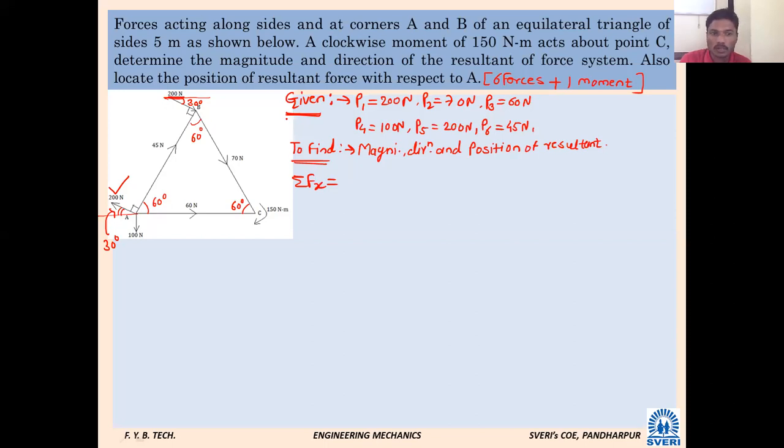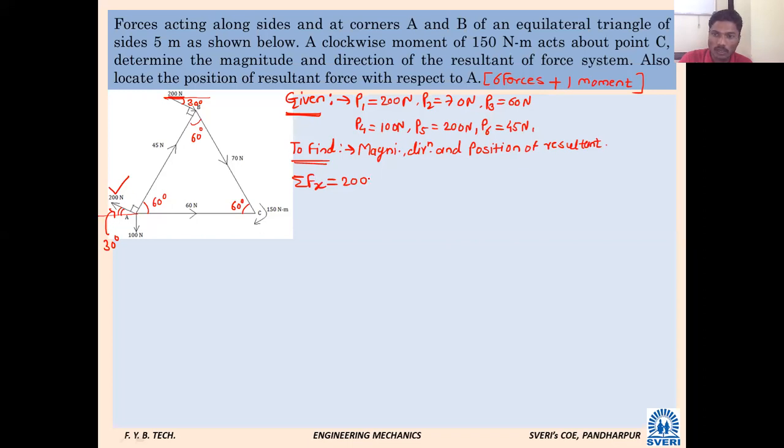In which quadrant will that force come? Fourth quadrant. Remember, in the fourth quadrant, how is the x component and how is the y component? X component is positive and Y is negative. 200.